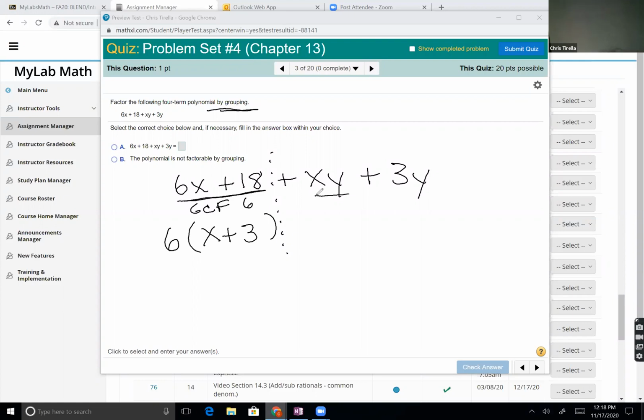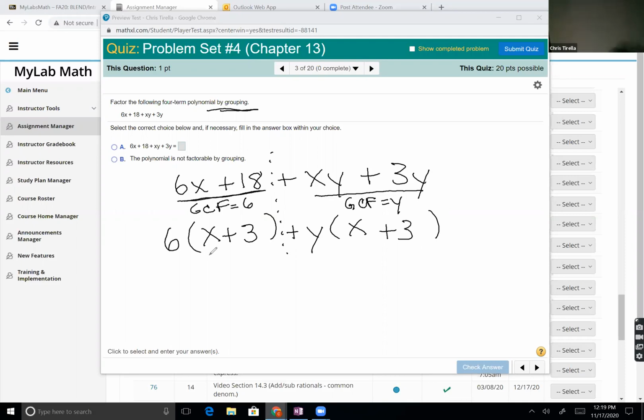Then I do the same on the back side. What do these two guys have in common? Why? Beautiful. Dividing out the y, I'd be left with x plus 3.